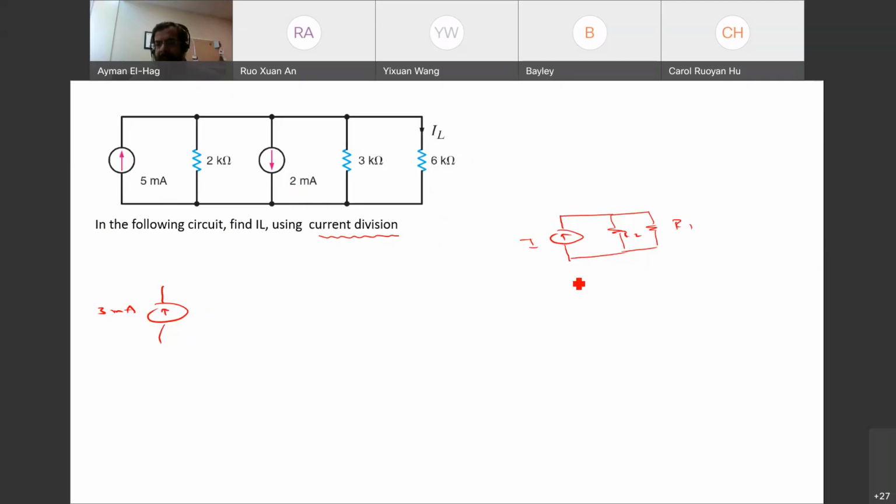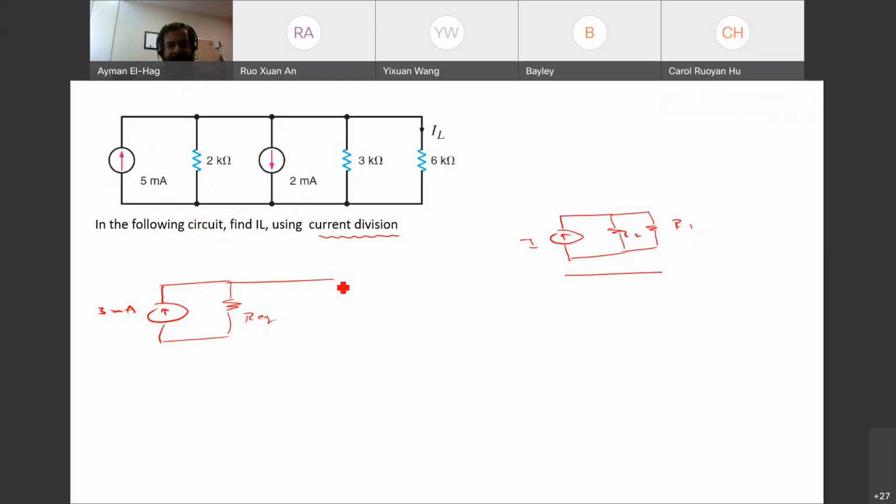This is how your circuit should look like: a current source and two resistors. Now here we have two current sources. Since they are in parallel, you can add them, 5 up, 2 down, then a total of 3 milliamps. And then you need to add everything. If you have two, three or more resistors, you have to add all of those in parallel. I will call them an R equivalent.